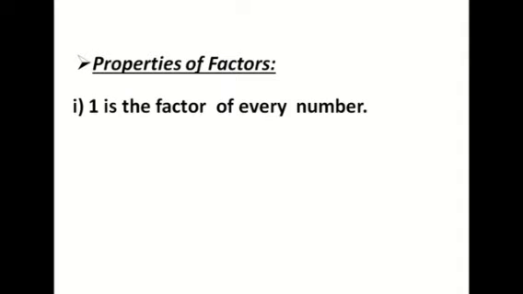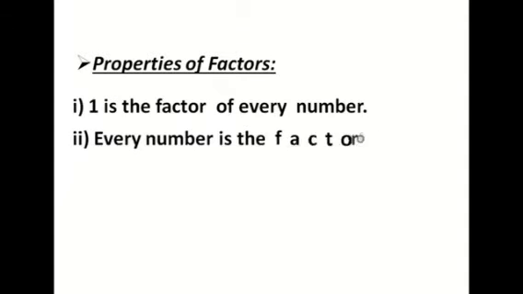So instead of 15, if you go for 3, 1 3s are 3. If you go for 5, 1 5s are 5, like that. So 1 is a factor of every number. In other words, every number is a factor of itself. As I am telling 15, 1 15s are 15. So 1 is a factor of 15. Even 15 is also a factor of 15. So every number is a factor of itself.